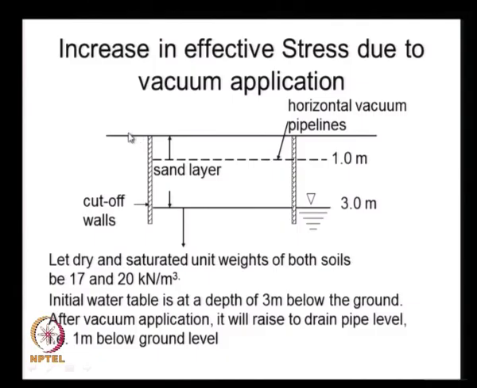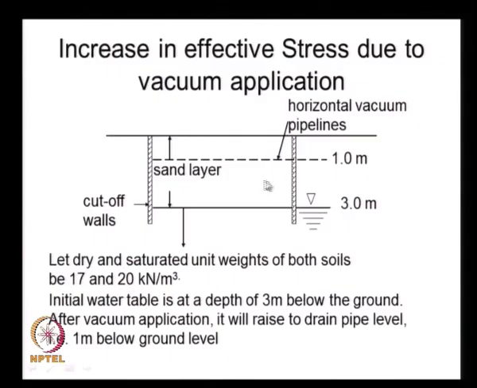Let us take a case where the top 3 meters is a sand layer, and below this we have a clay layer, and let us say that initially the water table is at a depth of 3 meters, and we have installed our vacuum pipelines at a depth of 1 meter below the ground level. Let us assume for the purpose of calculations the dry and saturated unit weights as 17 and 20, I think it should be 18.